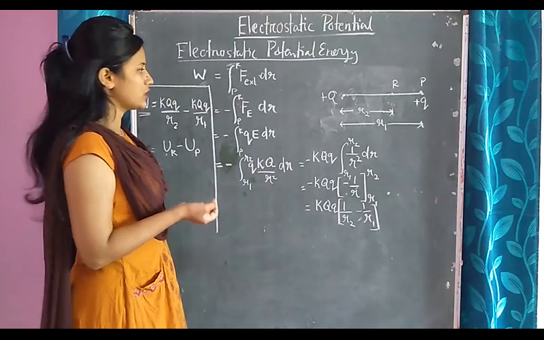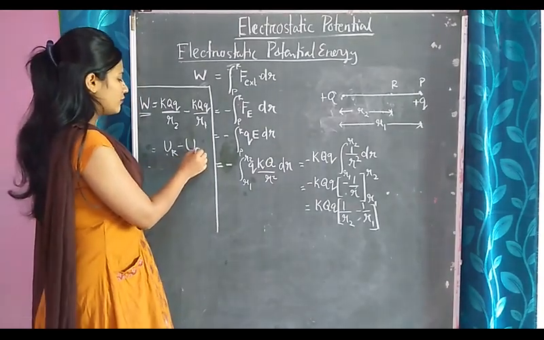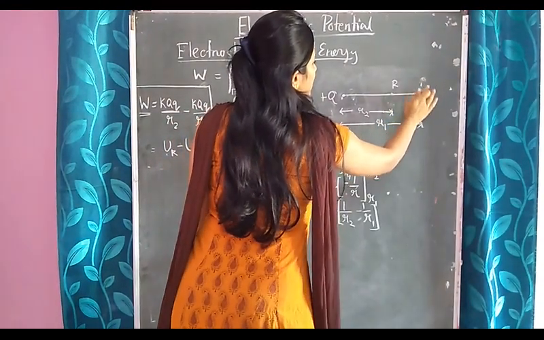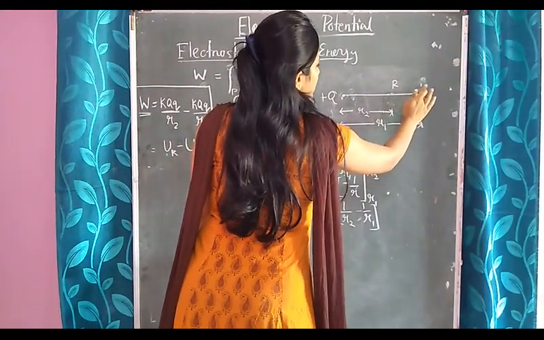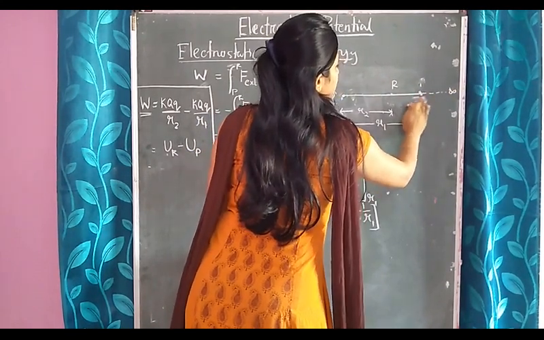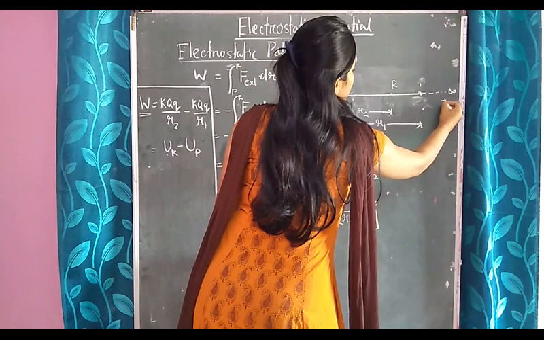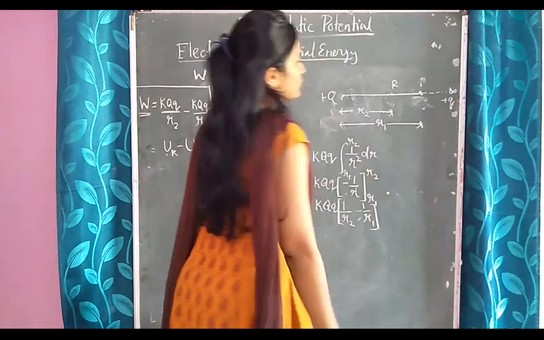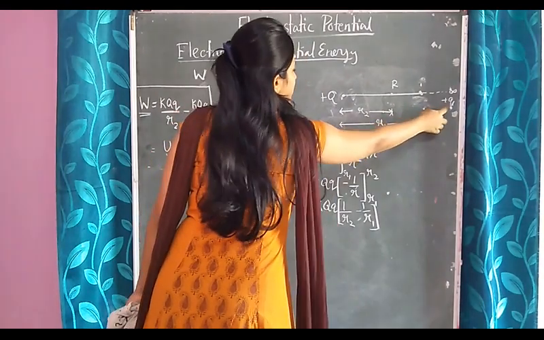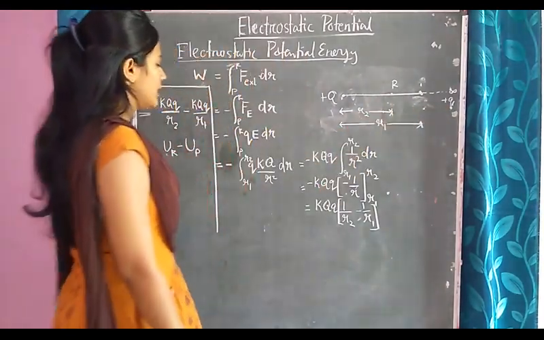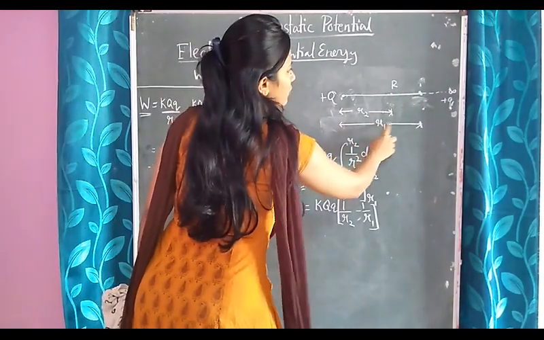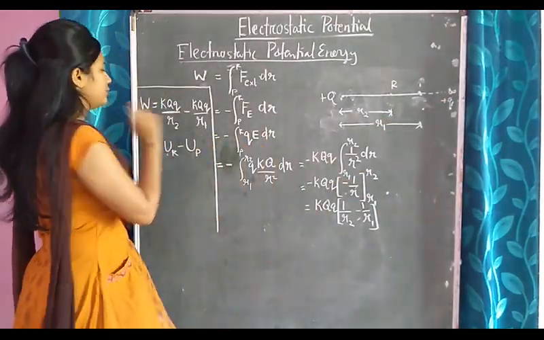So in order to describe potential energy, we will take this point P, or we will say that this charged particle has been brought from infinity. So if we bring this charged particle from infinity to this point, then this R1 becomes infinity.